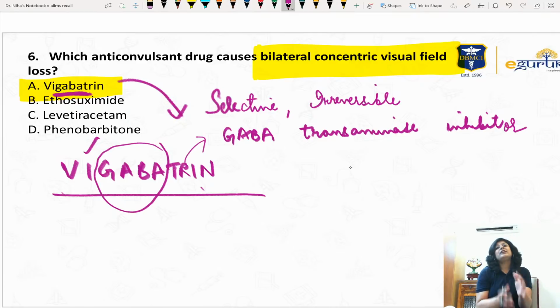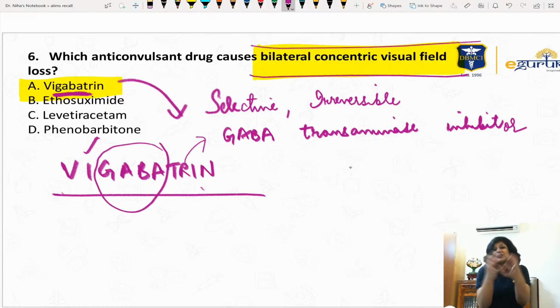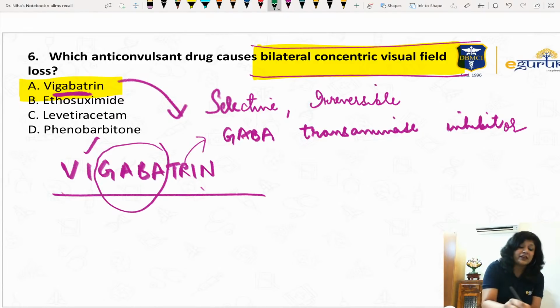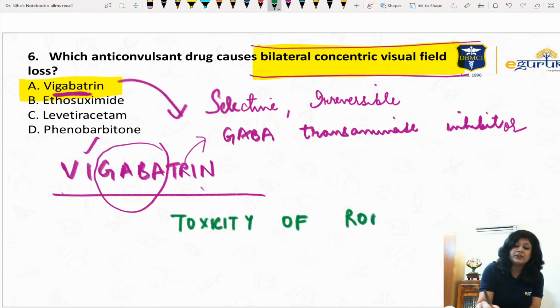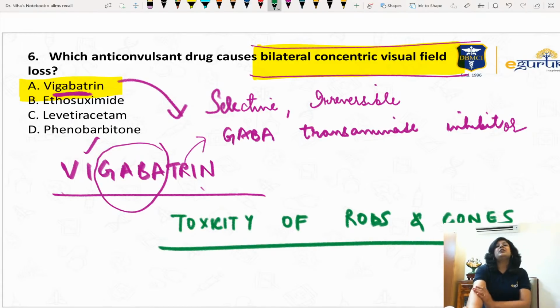So we have got the selective, we have the irreversible GABA transaminase inhibitors, and this is actually responsible for the bilateral constriction of the visual field, and this is occurring due to the toxicity of the rods and cones, that is your photoreceptors.